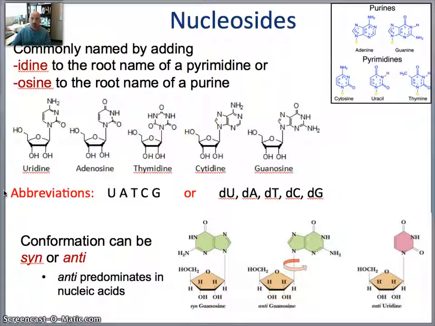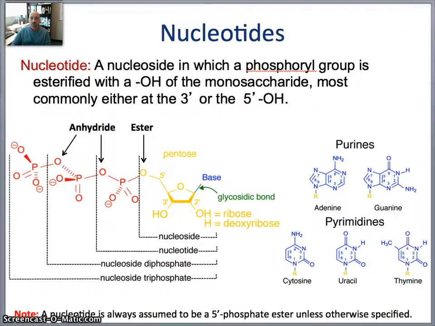All right, so next we have nucleotides. Okay, and with the nucleotides, that means that we basically have a nucleoside which is attached to some kind of phosphate. Okay, so we have a phosphoryl group that's esterified to the hydroxyl of the monosaccharide. Okay, most commonly we either see this at the 3' or the 5' hydroxyl group. So in our figure here in yellow, we have a ribose ring.